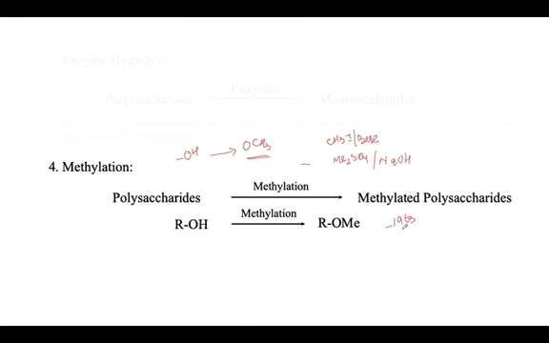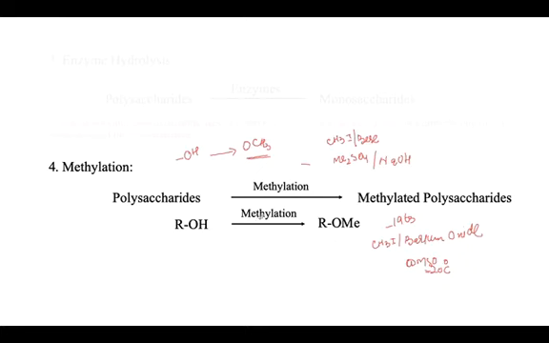He used methyl iodide with barium oxide, using dimethyl sulfoxide (DMSO) as the solvent, and heated it at 20 degrees centigrade. Then we get the final product, that is the methylated product.